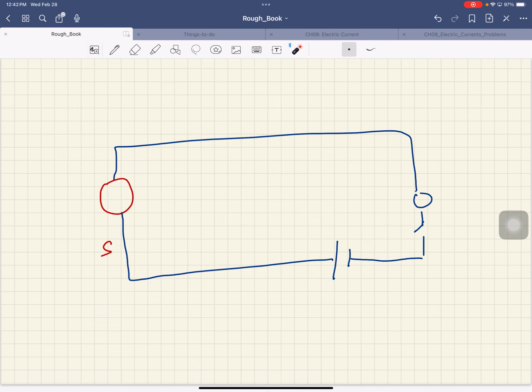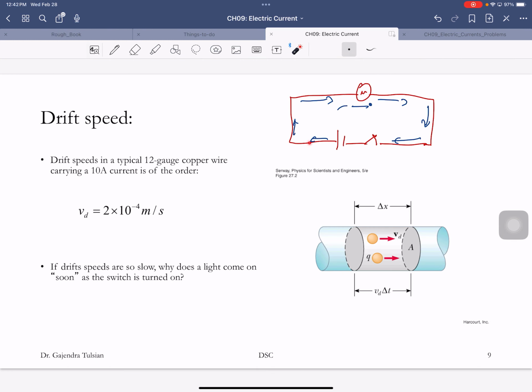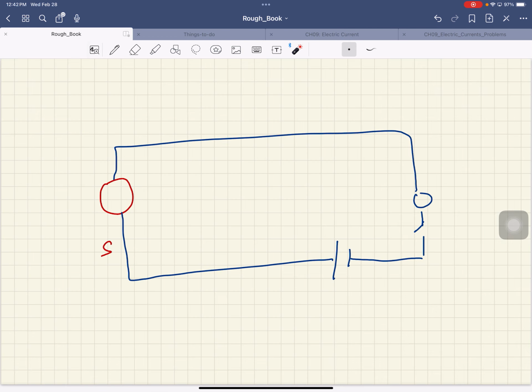All right. How fast is the electric field getting switched on? Speed of light. Is it the drift speed? No, the electric field is getting turned on at the speed of light. So you close the switch, the electric field gets turned on at the speed of light, and the electric field gets to the sun 8 minutes later.